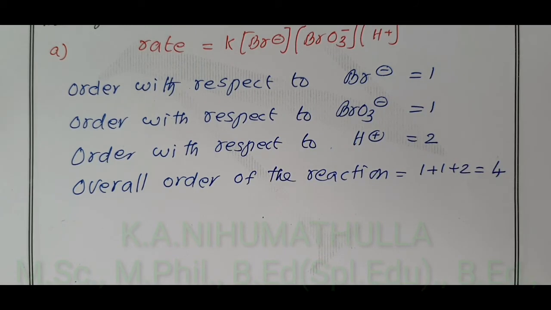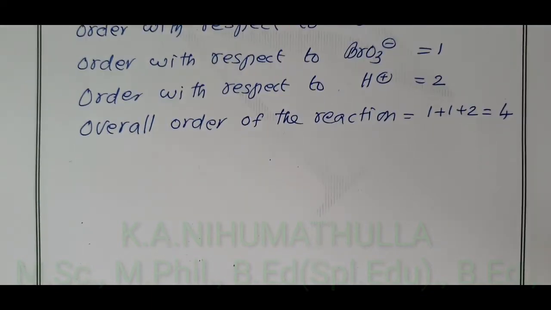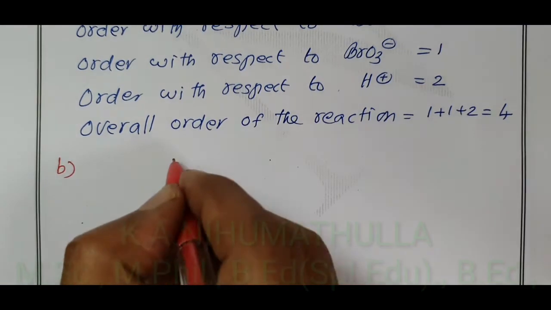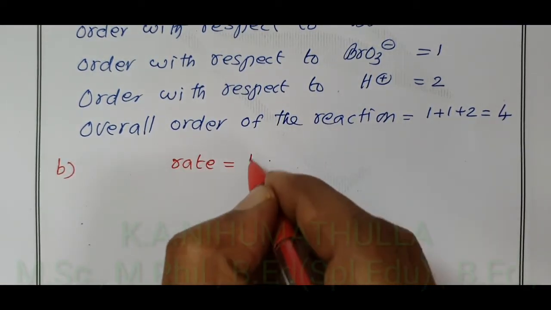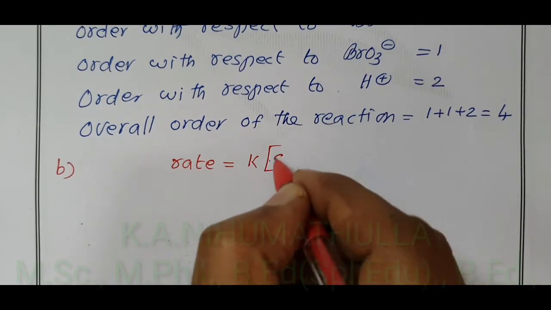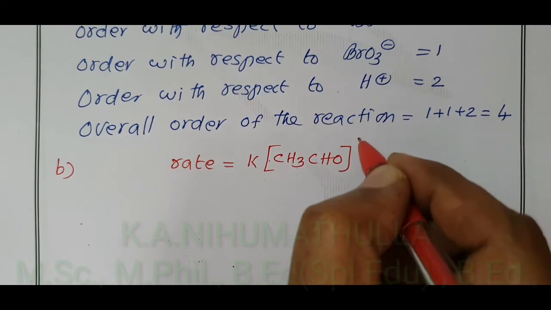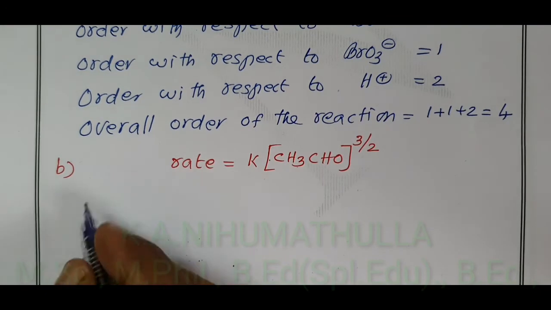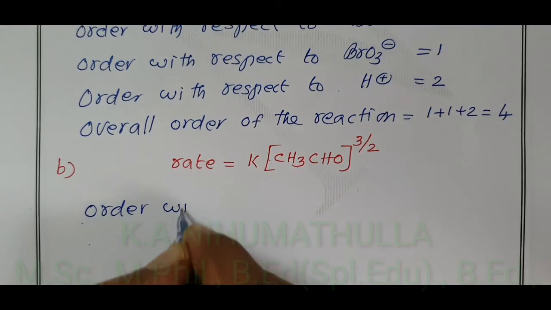For the second reaction, now I write the given experimental rate law. What is the rate law given for the second problem? The rate of the reaction is equal to rate constant K into concentration of CH3CHO power 3 by 2. Simply we can write the order with respect to acetaldehyde.